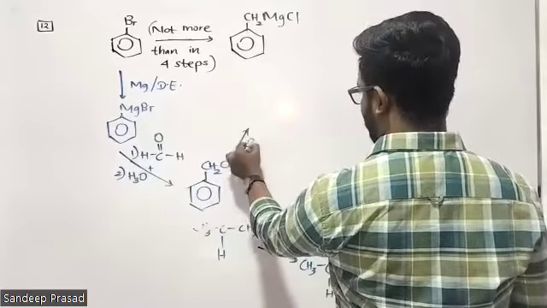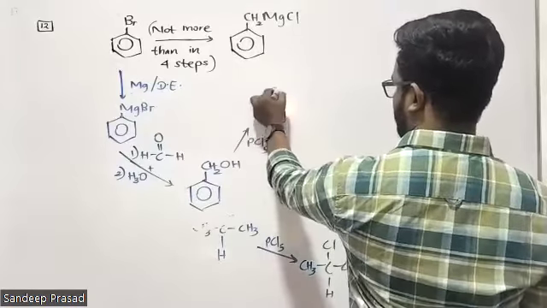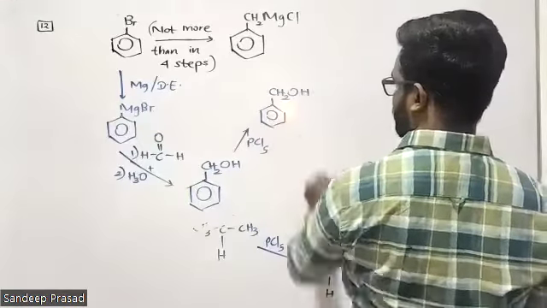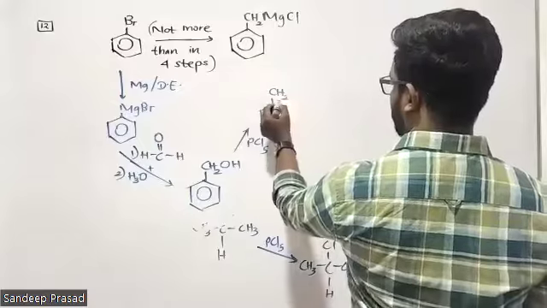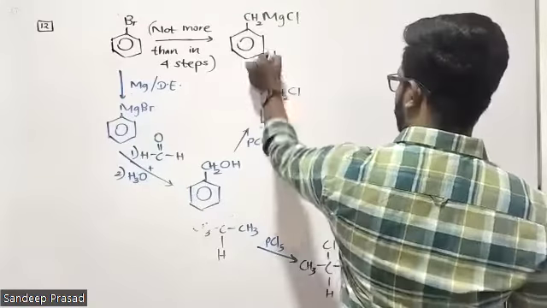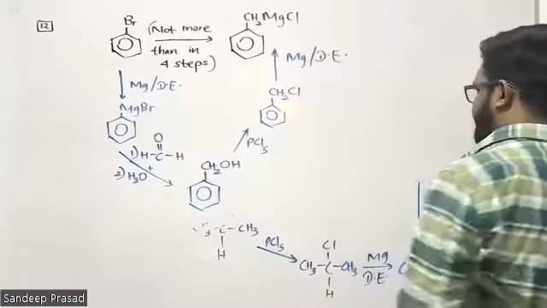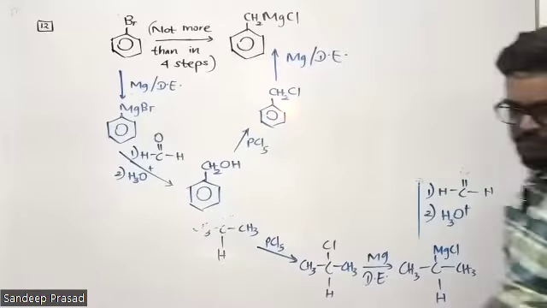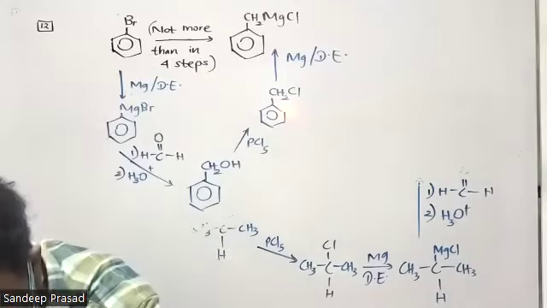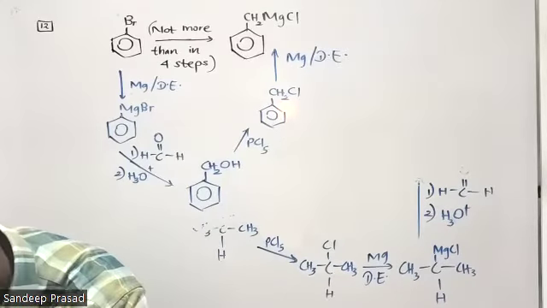Then we are adding PCl5. CH2Cl. Again, a Grignard reagent is formed by the magnesium. 1, 2, 3, 4. So raise your hand who got the answer like this. Okay, very good. There are many.